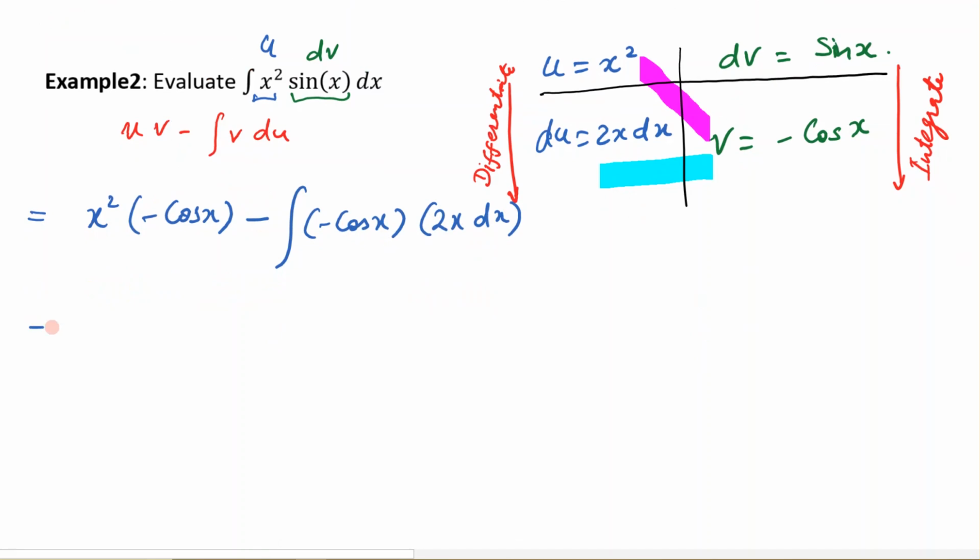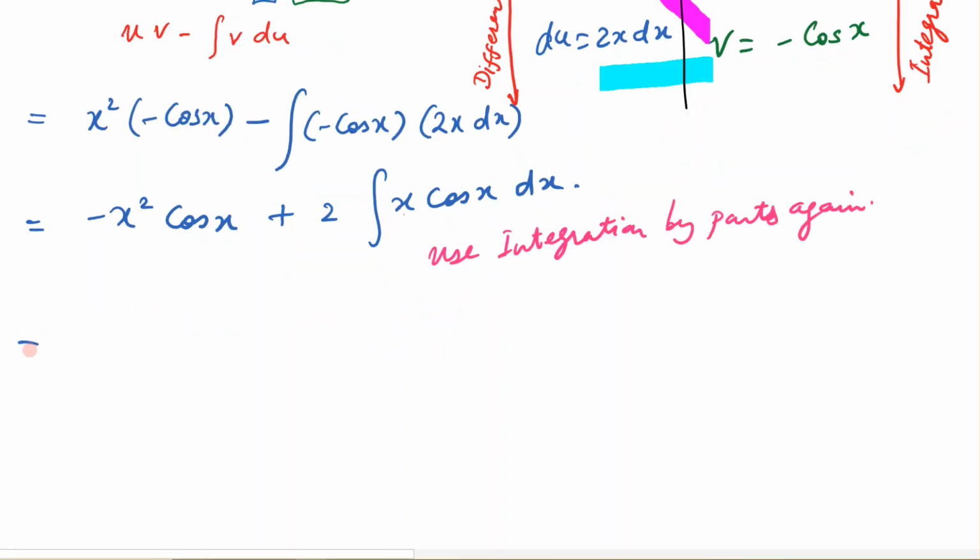So in the next step we get negative x squared cosine x plus integral of, 2 I can take out, so 2 times integral of x cosine x dx. Now we notice that we again get an integral which we can only solve using integration by parts. So we have to do integration by parts again.